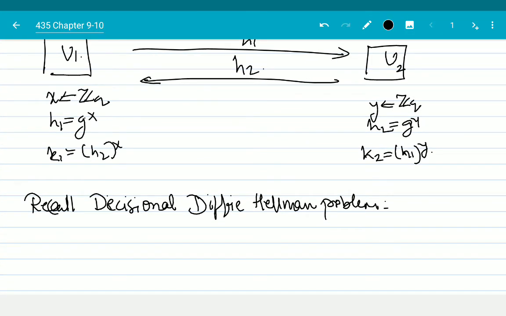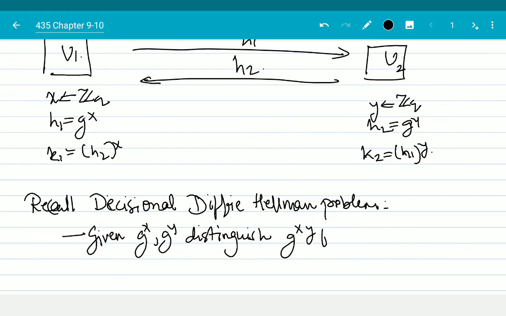What did it say? Given g to the x, g to the y, distinguish g to the xy from a uniform group element. That is what the Diffie-Hellman problem says.